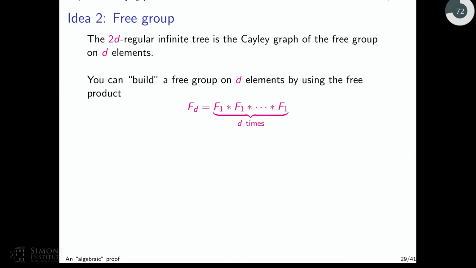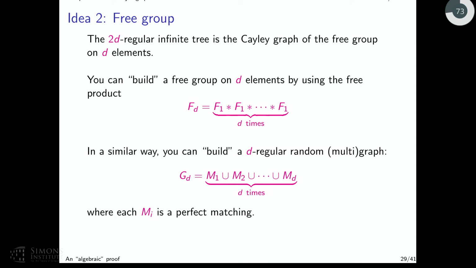And in algebra, they have this construction that they call a free product, which allows you to take free groups and build bigger free groups, right? So I can take a free group of size 10, and then I can turn it into a free group of size 11 by adding another copy.